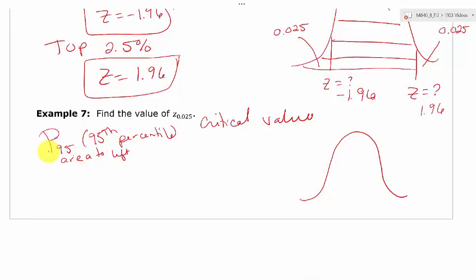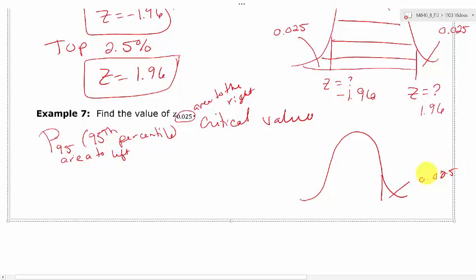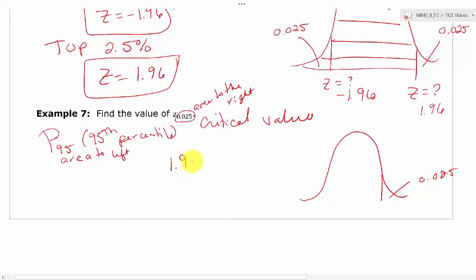With a critical value, this is your area to the right. So we want an area of 0.025 on the right, which is exactly what we did in the last example, and so that would be 1.96.